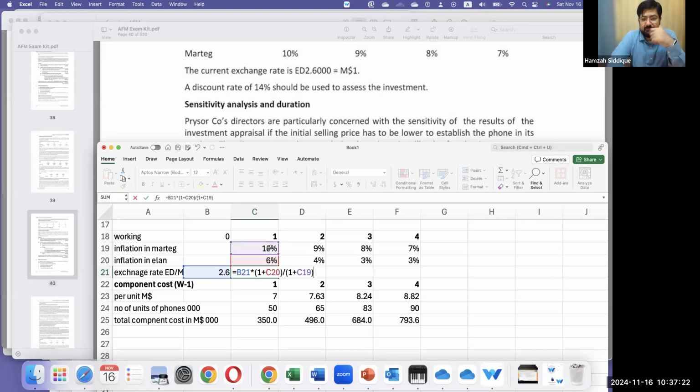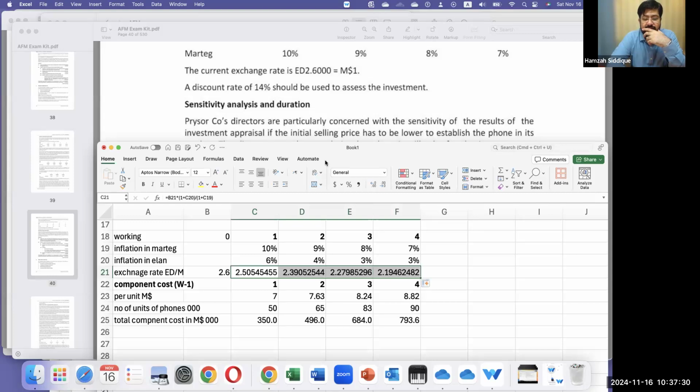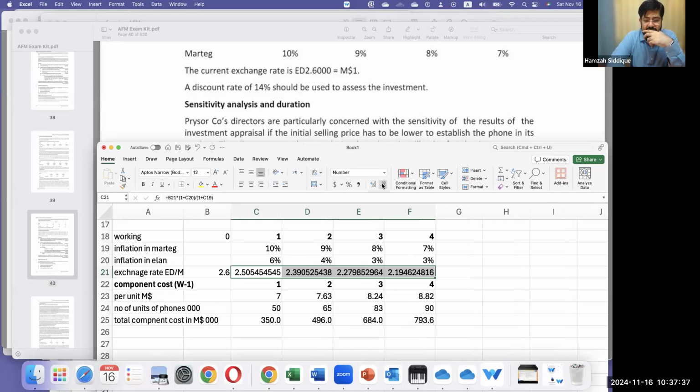Purchasing power parity theory. And we simply move like this. They have given us the idea that 4 digits we need to use after decimal. This is exchange rate calculated.